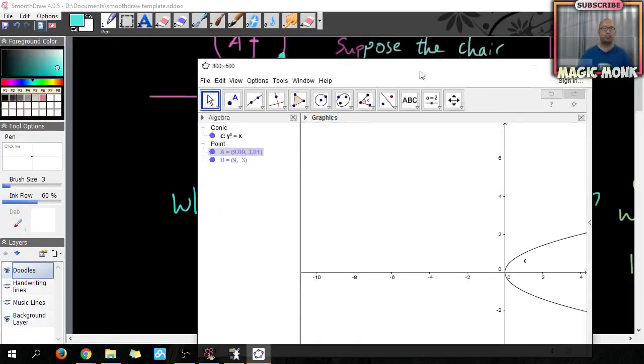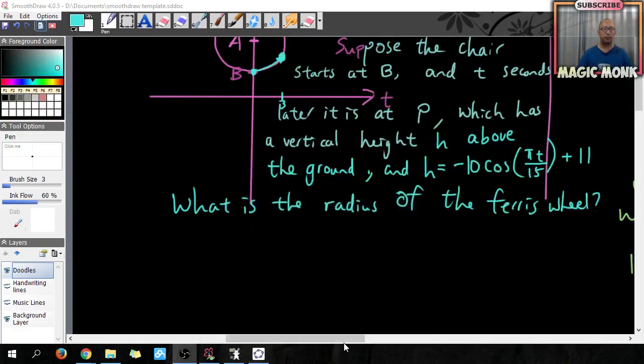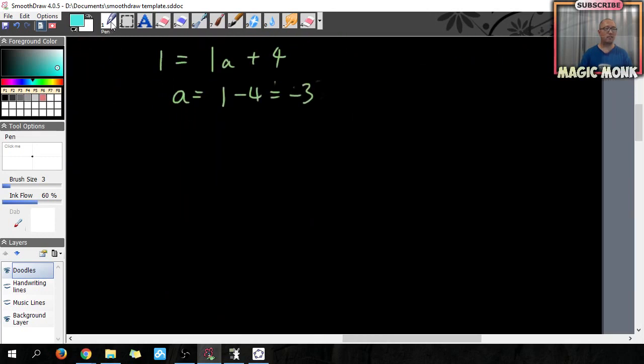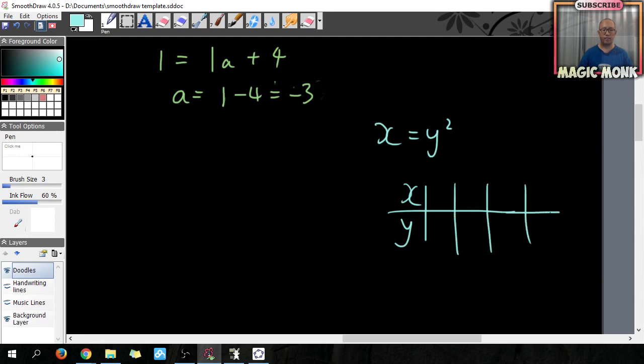If you had to draw the graph by hand, you could also do something like this. You can go, what was it? X equals y squared. And then you just go, whatever x is, whatever y is. You can plot this table out.